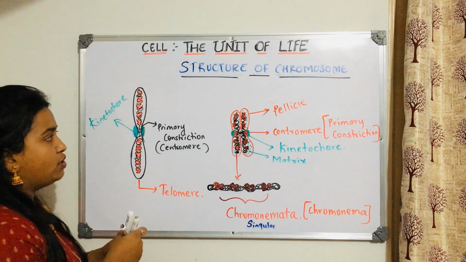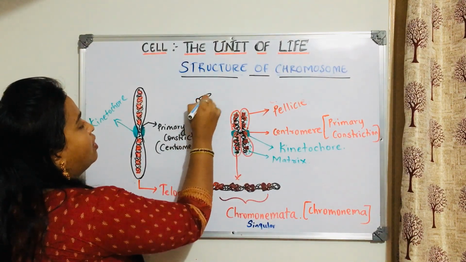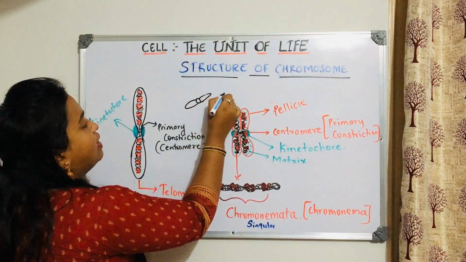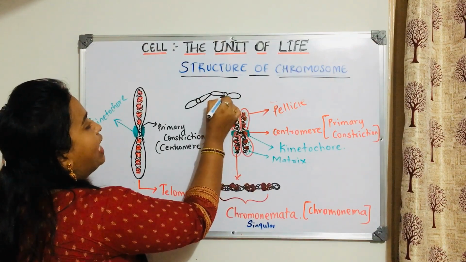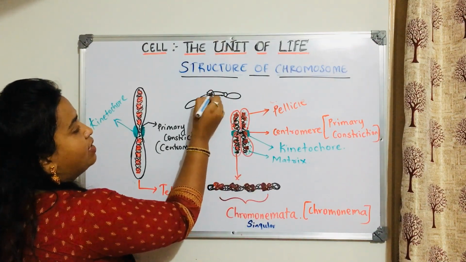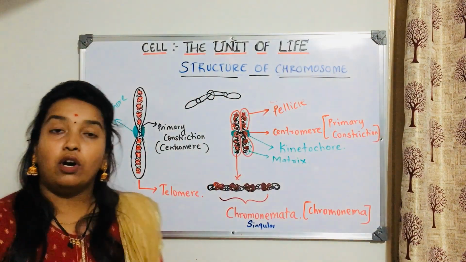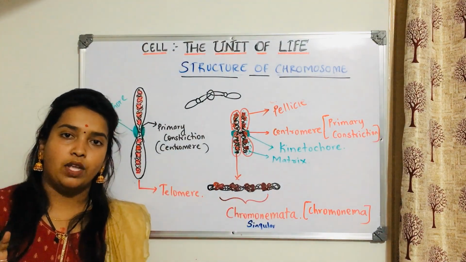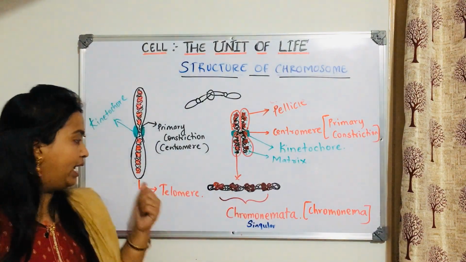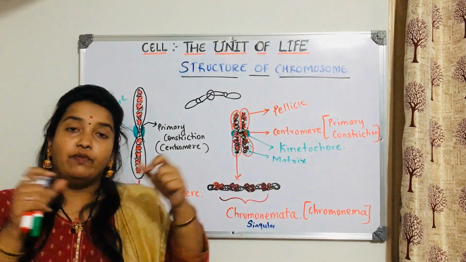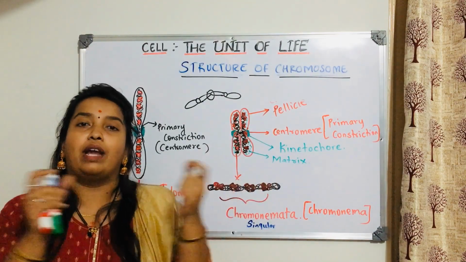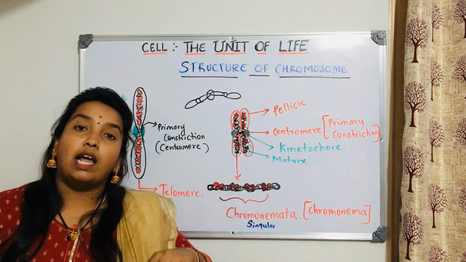For example, if this is a chromosome like this, there is no other chromosome getting attached like this. No attachment here. Why? Because telomere is present here. And the telomere region acts in such a way that it will not allow the chromosomes to get attached.